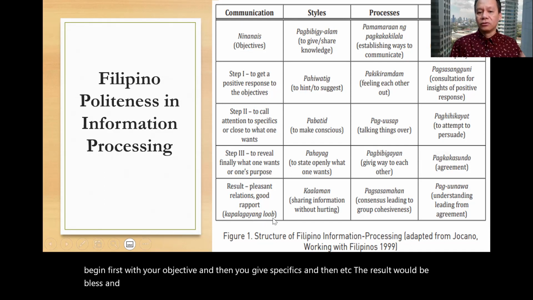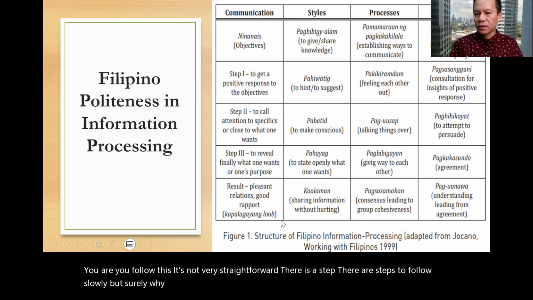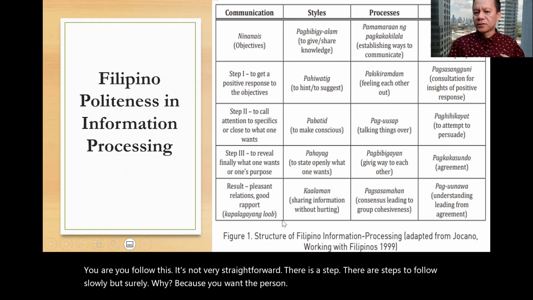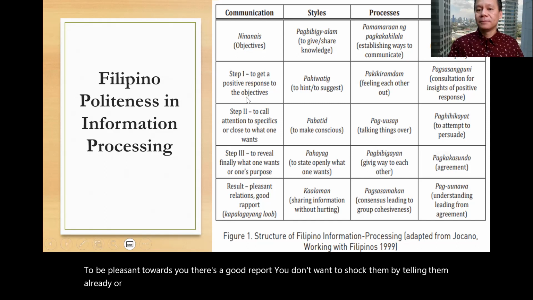There is good rapport. You follow this. It's not very straightforward. There are steps to follow, slowly but surely. Why? Because you want the person to be pleasant towards you. There's a good rapport. You don't want to shock them by telling them already your objective. "I want to borrow money." No.